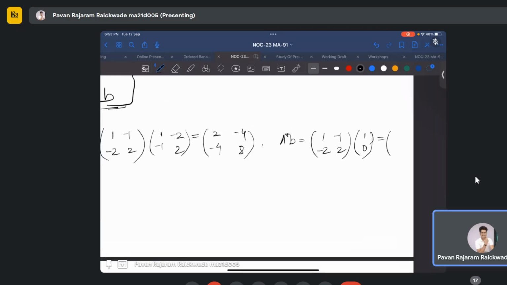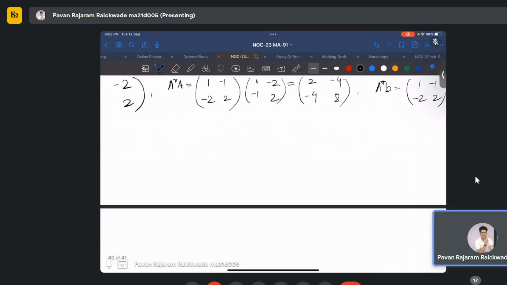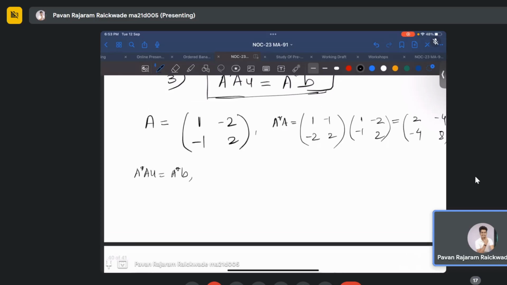So to find the least square solution of Ax equals to B, that was our first problem, question number 1.